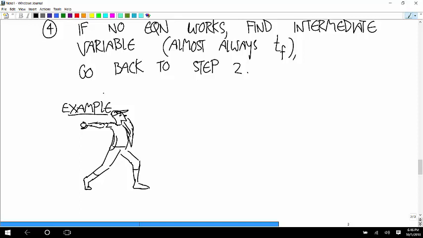Okay, so let's say that this baseball guy checks this ball. His arm comes up here. He releases it there. And then the ball takes off there. And let's say that at the instant the ball is released, it makes an angle of 25 degrees with the horizontal. And let's say that it's released from a height of 1.5 meters.